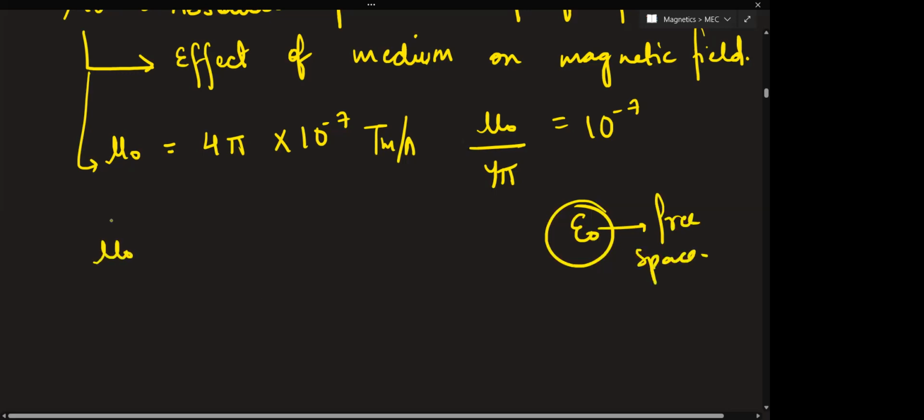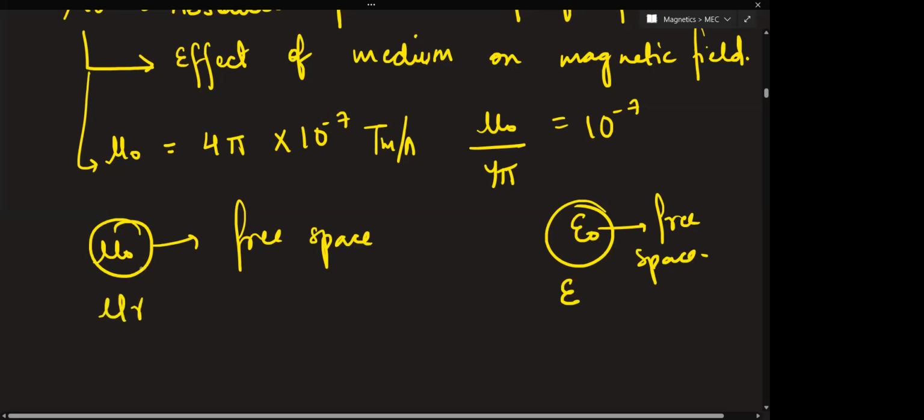Similarly, mu naught is also specifically for free space. The way you had epsilon for any other medium, where you put epsilon r and multiply it with epsilon naught, similarly here you have mu r, multiplied with mu naught.